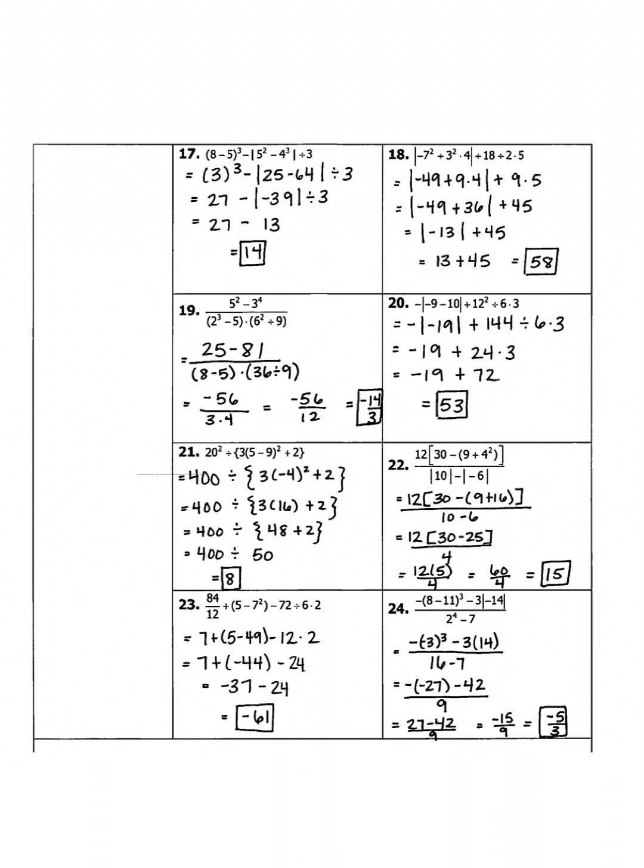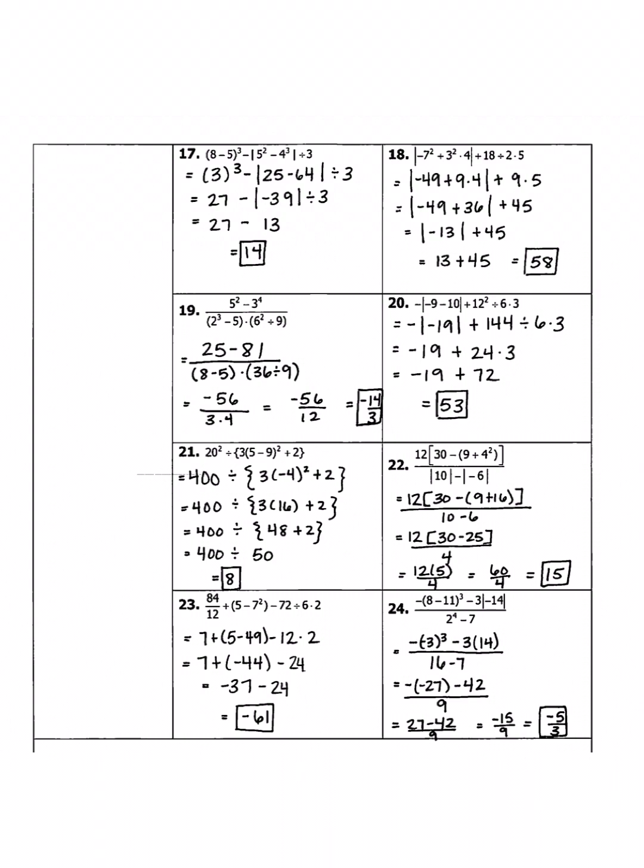And then I'm going to take the absolute value of negative 39, which is 39. And when I divide it by 3, I end up with 13. So this became positive, what was in here. Then I divided it. I got that. Now there's a negative sign because that minus sign was still there. And then I finally did 27 minus 13.